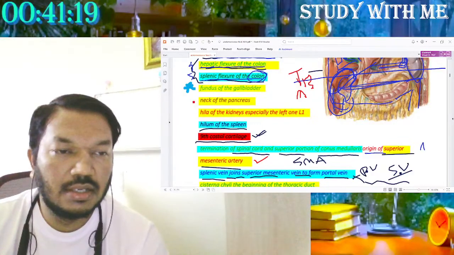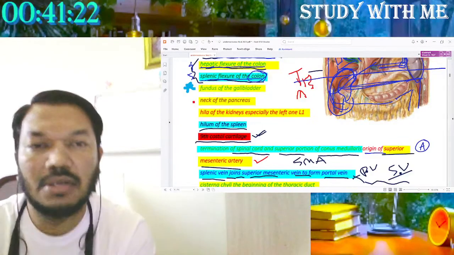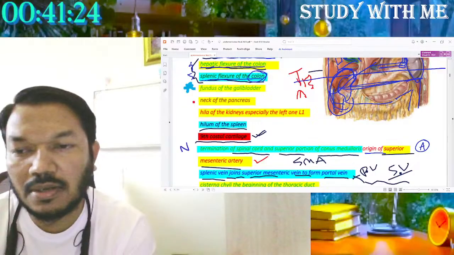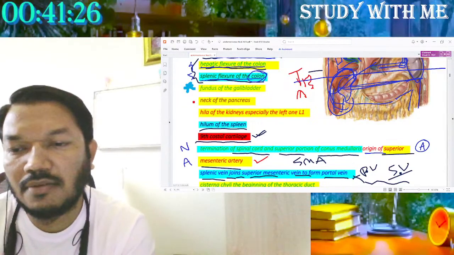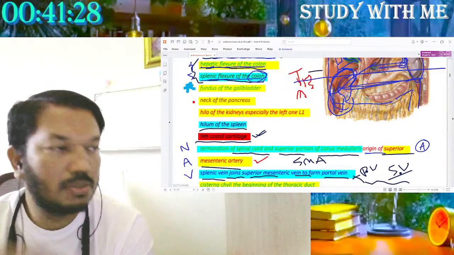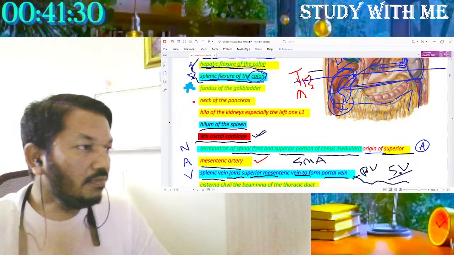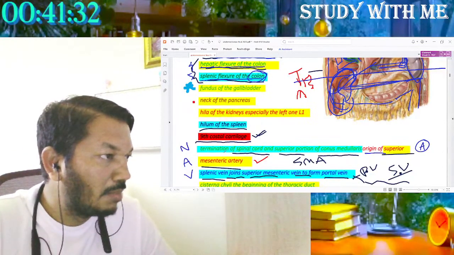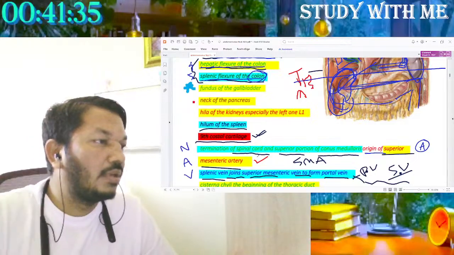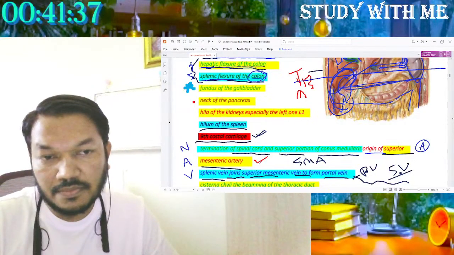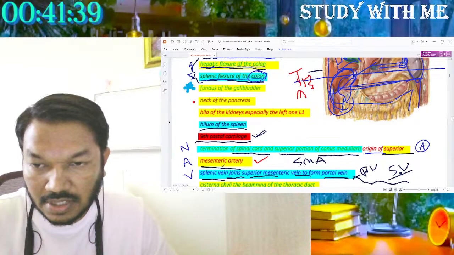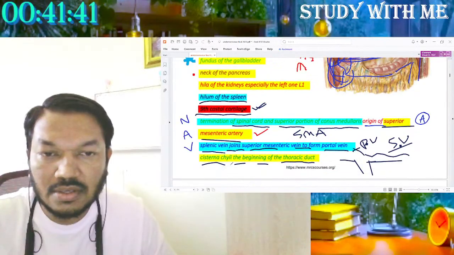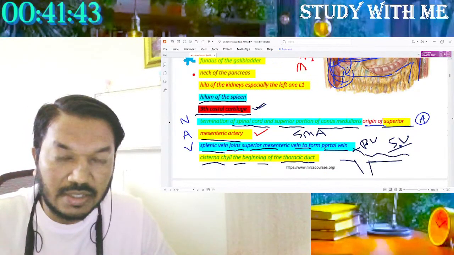We got the artery. Now we need to think about the vein. Here you can remember in this way: we have nerve, then artery, then vein. Which nerve? Nerve means spinal cord, the biggest one. Termination of the spinal cord. Artery, which artery? That will be the superior mesenteric artery. And vein, which vein? We have the portal vein.